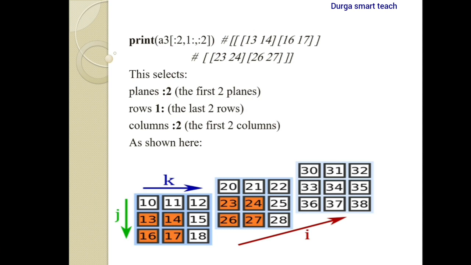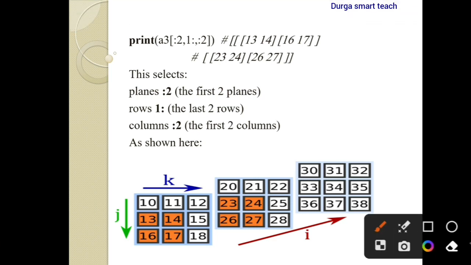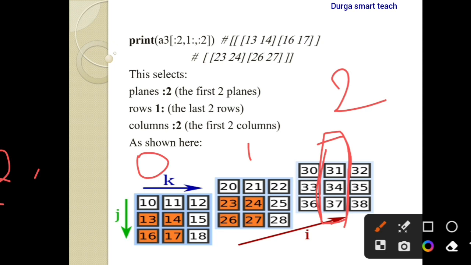Okay, next I want to access this particular column. Just wait a second. So tell me, first you need to specify the plane. Here 31, 32, 33 is present in the second plane, so you can give 2, comma. Next you need to specify the rows.